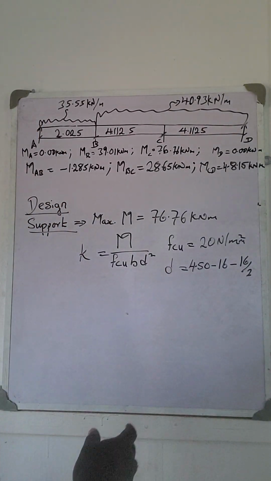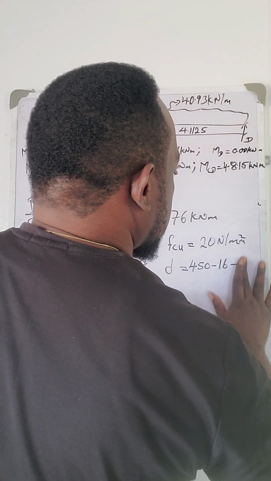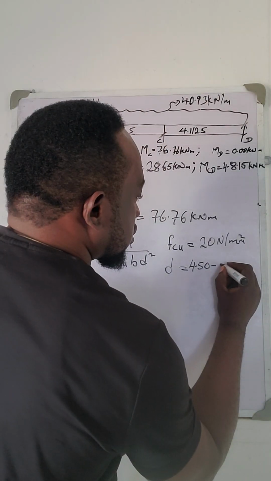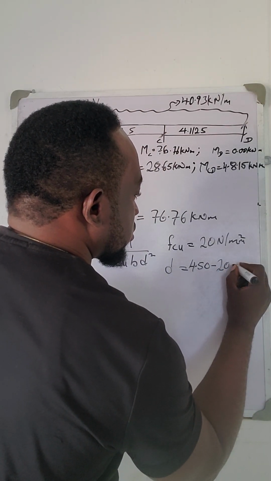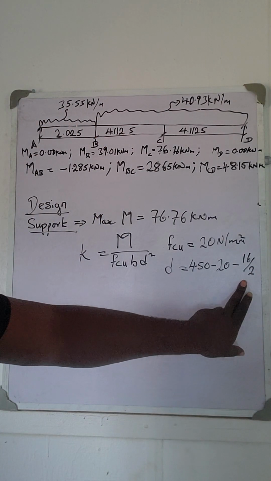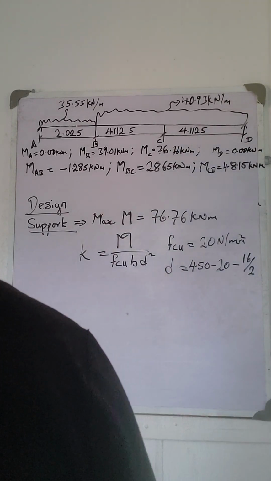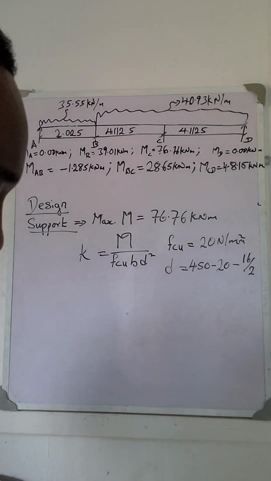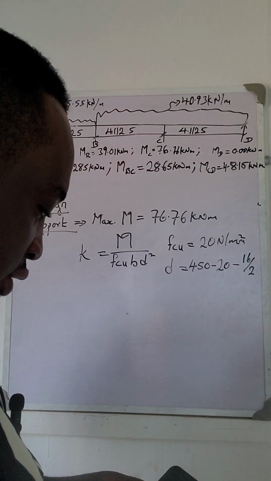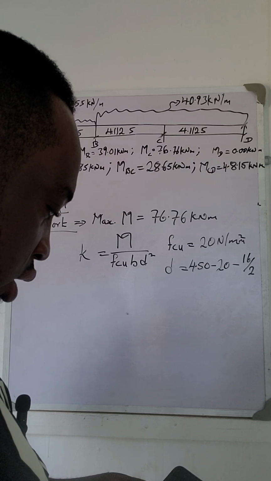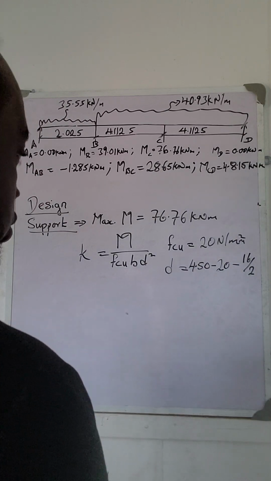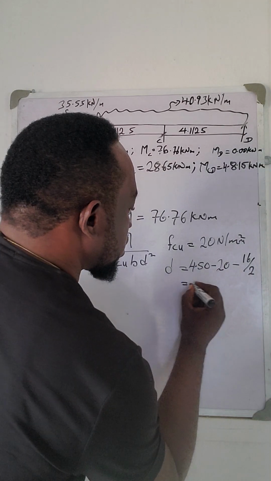Or no, sorry. Concrete cover, minus 20, minus 16 over 2, assuming we are using 16 mm. So we're now going to have 450 minus 20 minus 8 is equal to 422 millimeters.